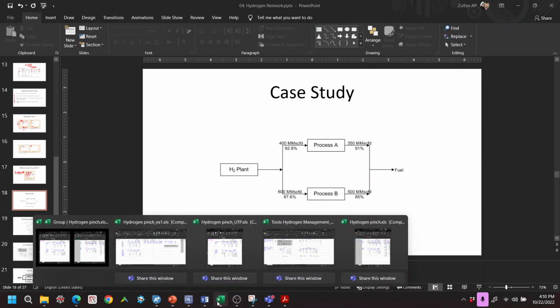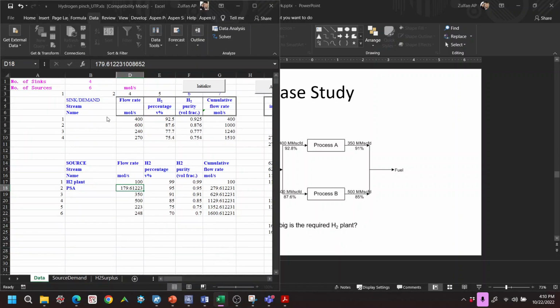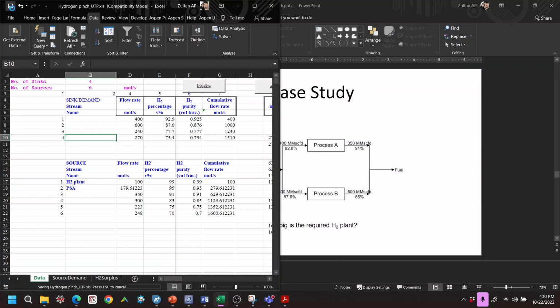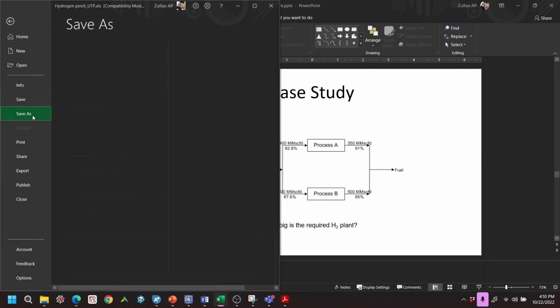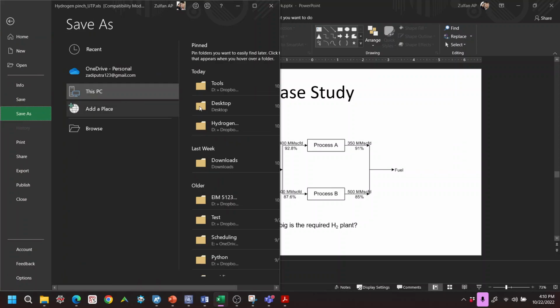I think I will do this and show you the linear programming, and then we can call it a day. So okay, now I want to save this and then save as.